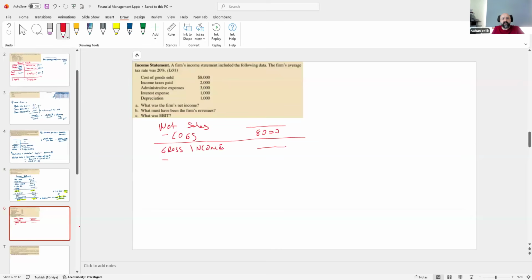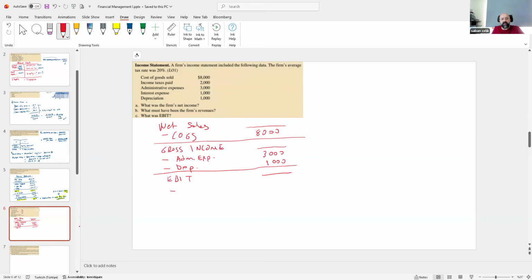Income, taxes, administrative expense, depreciation. Here, administrative expense will be 3,000 minus depreciation, which is 1,000. This is going to be equal to earnings before interest and tax, which is unknown at the moment.